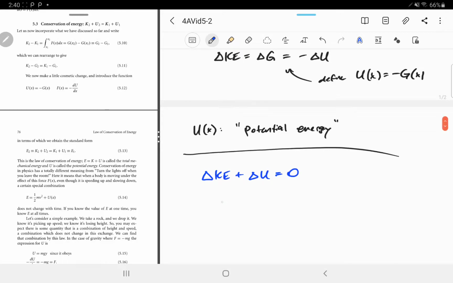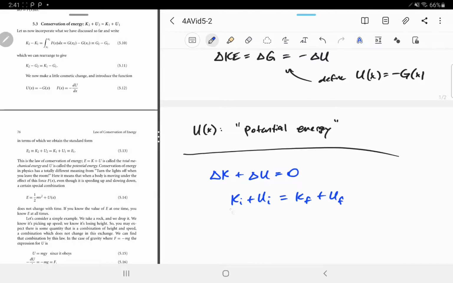By the way, your book is using K instead of KE, so I'm going to switch from KE to just K now. Delta K is K final minus K initial. Delta U is U final minus U initial. So another way you could write this is K initial plus U initial is equal to K final plus U final.